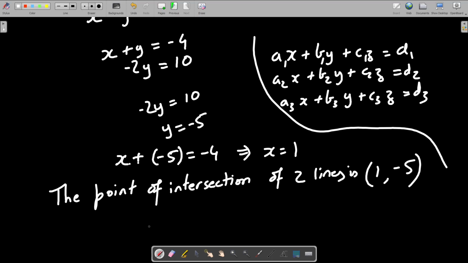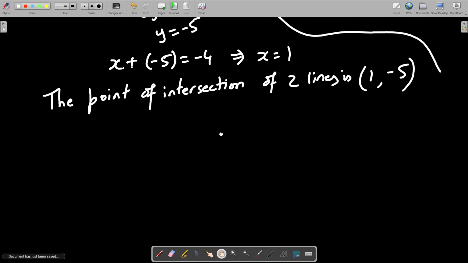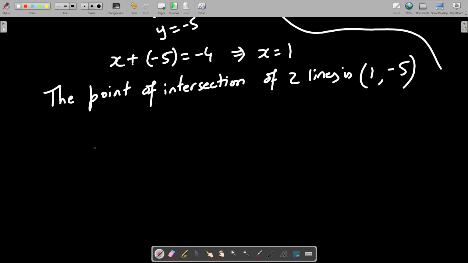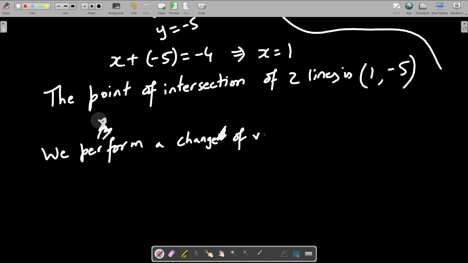Yeah, so what should be the change of variable now for this problem? We perform a change of variable.